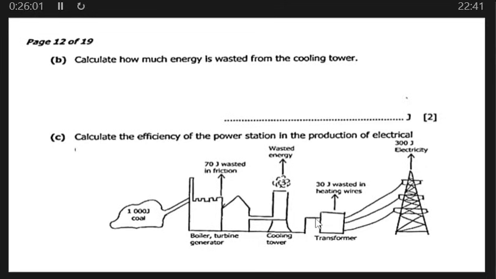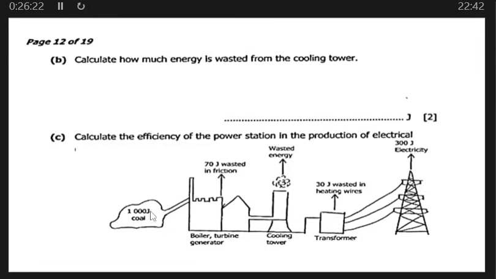So what they want is how much energy was wasted. The energy that was put in the system must be equal to the energy that came out of the system. So we have this energy plus this energy plus this energy plus this energy. They must give us what? 1000 joules.